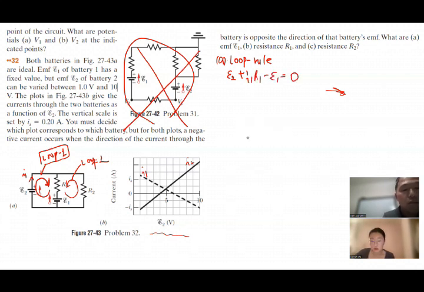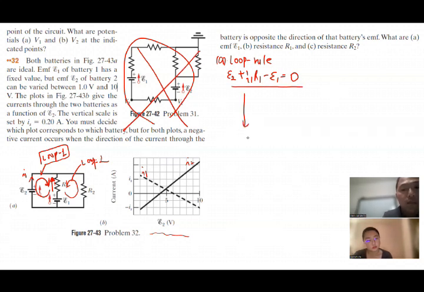Because that's a loop, if you look at the current flow along this one, that should be upward, because you see that this E1 produces the current upward. So that is I2.